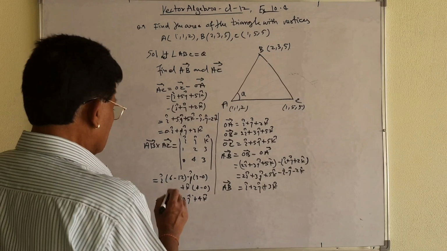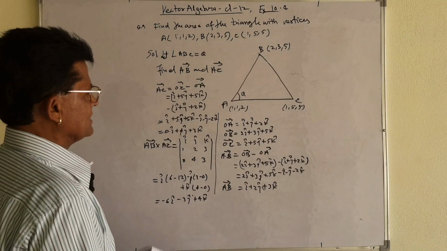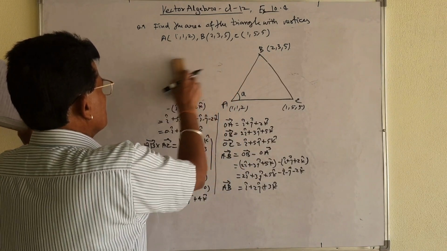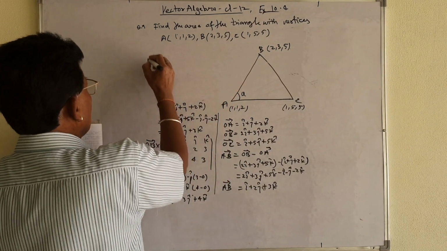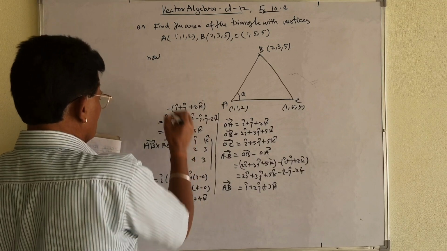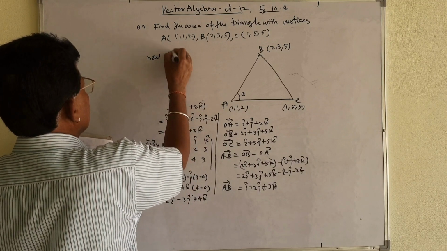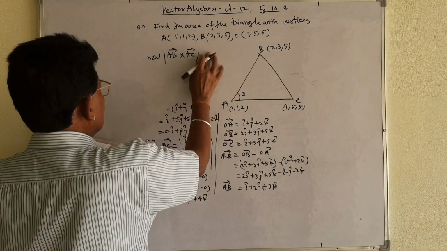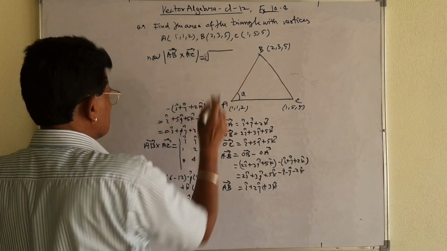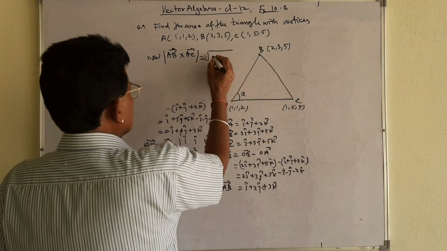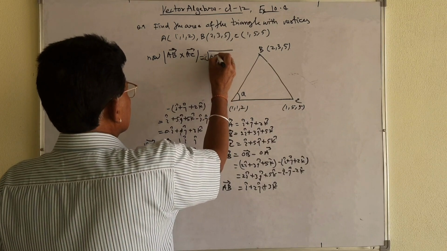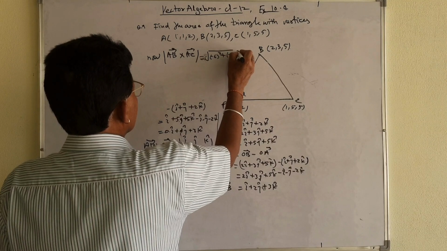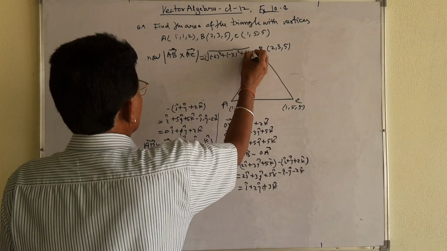Now find its magnitude. The magnitude of AB cross AC will be the square root of the sum of the squares of the components of I, J, K: minus 6 squared plus minus 3 squared plus 4 squared.